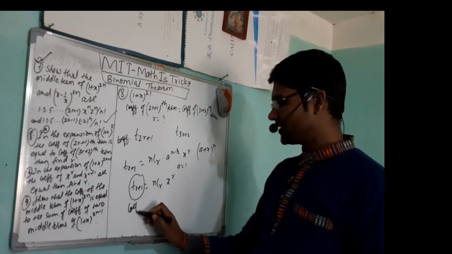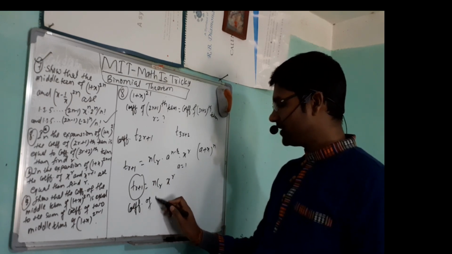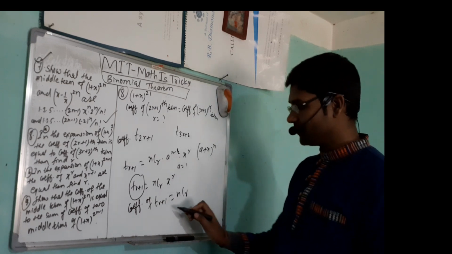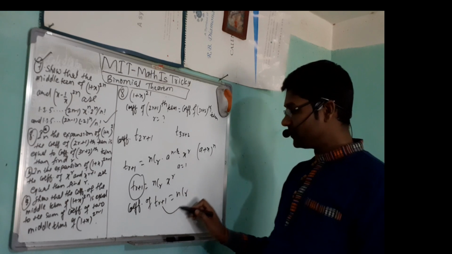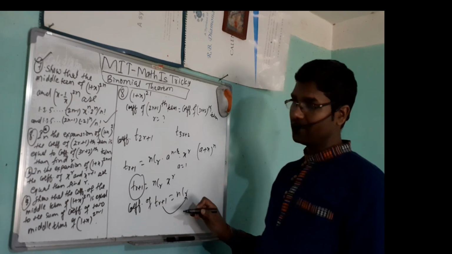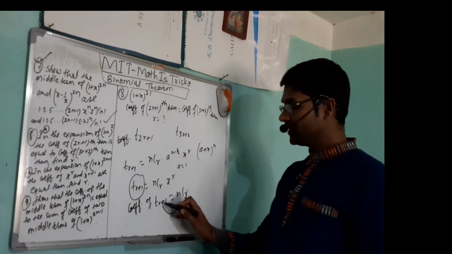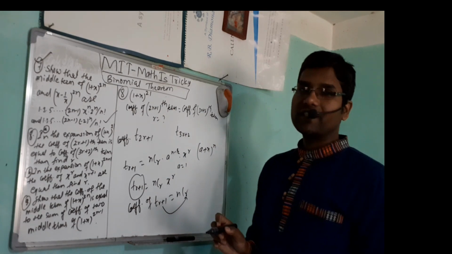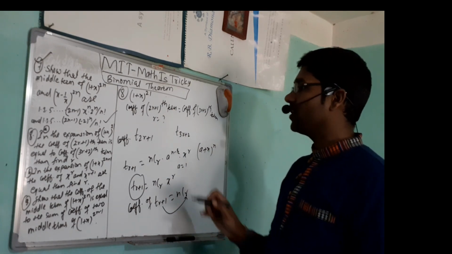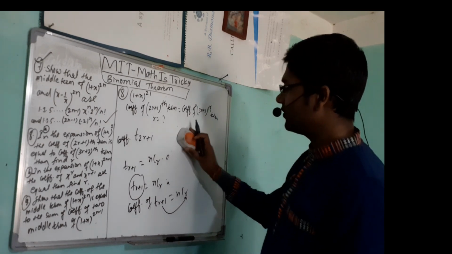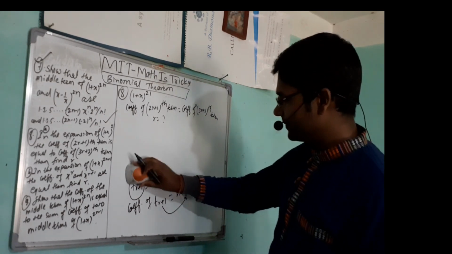The coefficient of T r plus 1 is simply nCr. Remember, if r plus 1 is here, it will be nCr. That means the value of r will decrease by 1. This is the coefficient of T r plus 1 in the expansion of (1 plus x) whole power 21, whatever n is here. So similarly, we'll be solving this problem. Now you can write the coefficient easily.